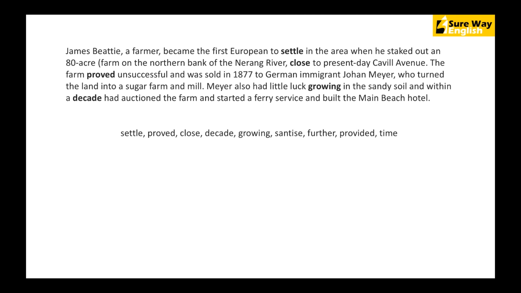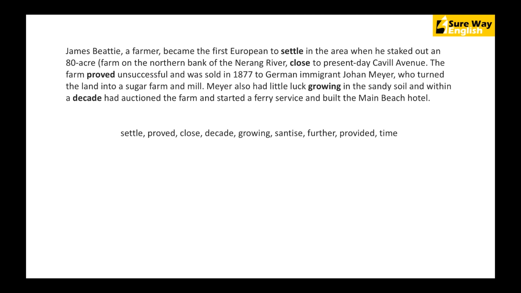The farm blank unsuccessful and was sold in 1877. So the farm, a word which connects farm to the words after that. What can happen to a farm, or what can a farm do, right?